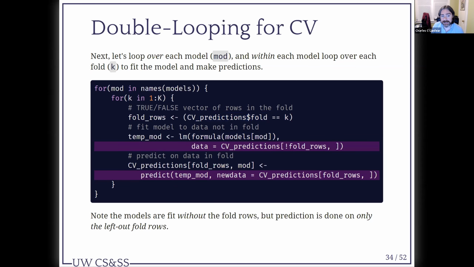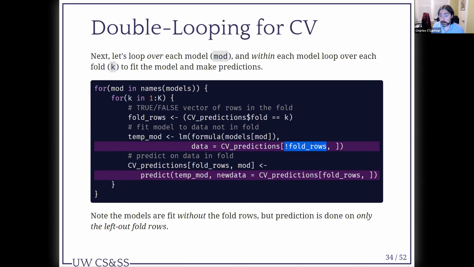Then we're going to create a temporary model, which is equal to a linear regression. Same formula as before. It's going to grab the model formula using intercept only. But now data is going to be equal to our CV predictions data, which is basically our original data, except it's going to subset only down to the rows that are not fold rows. So this means exclude every row that's in the current fold.